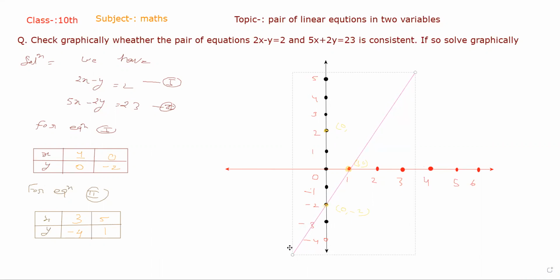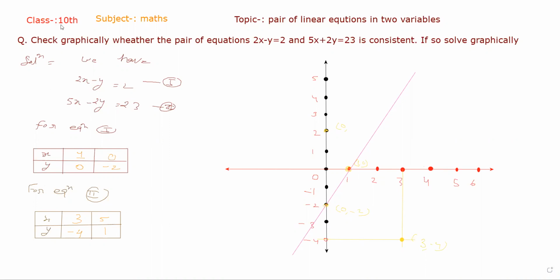Now we will draw the line of the second equation. So what we'll do? 3 comma minus 4. So this is x equals 3 and this is minus 4. So this is the point, that is 3 comma minus 4, and 5 comma 1.